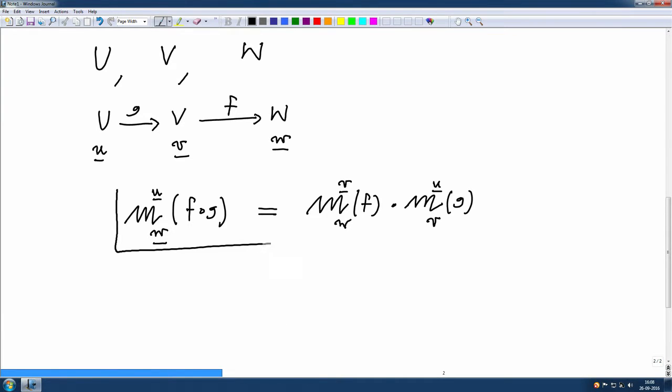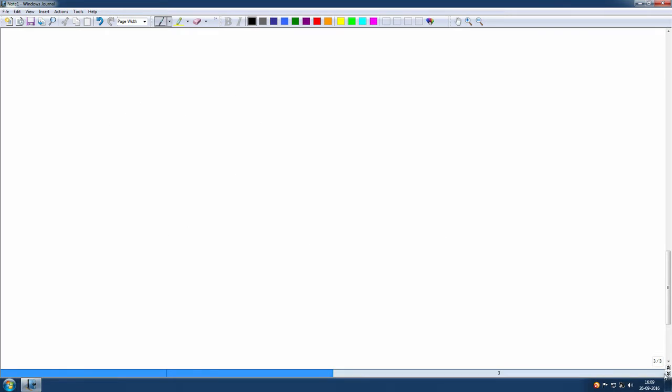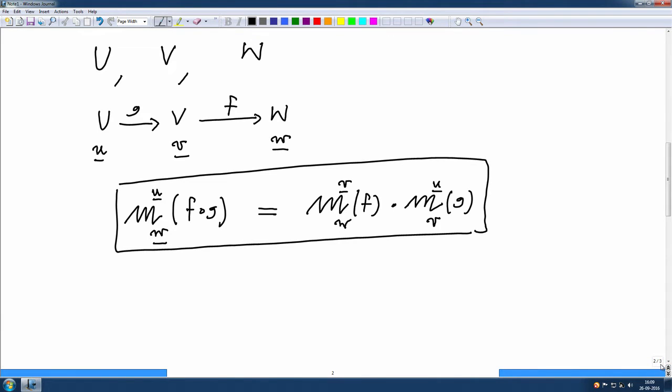So in general, let us recall what the matrix multiplication is. This is a very important formula, and that also motivates why the matrix multiplication is defined in that way, so that this composition formula is correct. So let us recall the matrix multiplication. First of all, you see here this is built in.